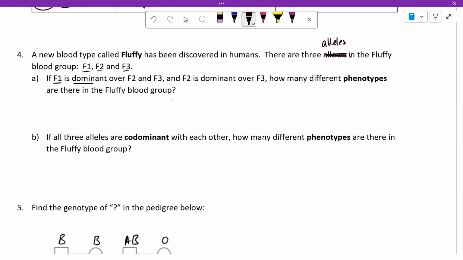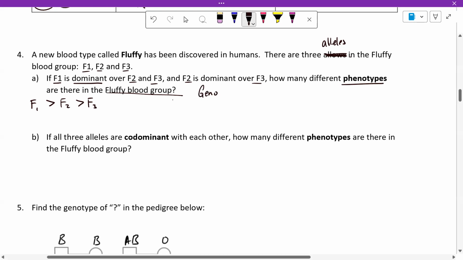If F1 is dominant over F2 and F3, and F2 is dominant over F3. So basically F1 is dominant over F2, which is dominant over F3. Which means 1 will cover up 2 and 3, and 2 will cover up 3. How many different phenotypes are there in the fluffy blood group?